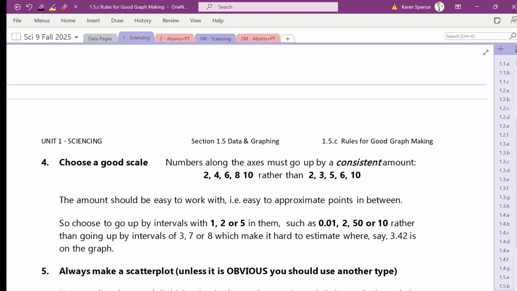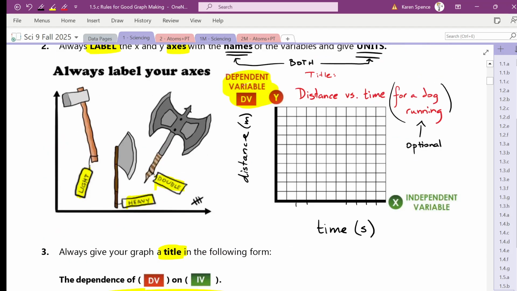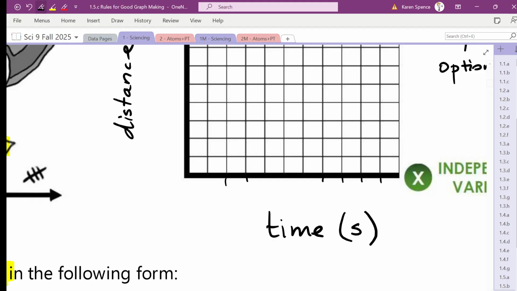Okay. You need to choose a good scale. What does it mean to choose a good scale? That means when you're going along numbering along the bottom, let's say, don't write this on, okay? I'm just going to give you a couple of examples.